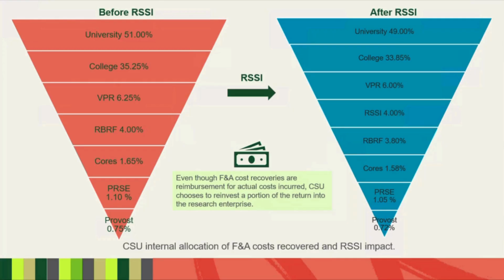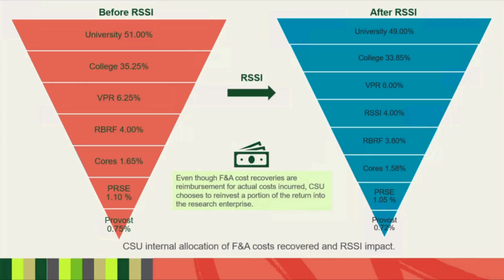So there are a variety of ways to do it, and a variety of percentages and ways of putting funds into pools that colleges and universities can use to redistribute those funds. These are unrestricted funds when they come here. It's cost reimbursement, so there aren't any rules around what it has to go back to do or where it has to be distributed. So colleges and universities are free to do whatever they want with those funds.